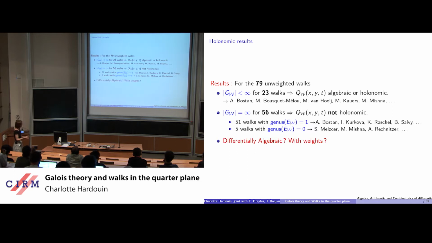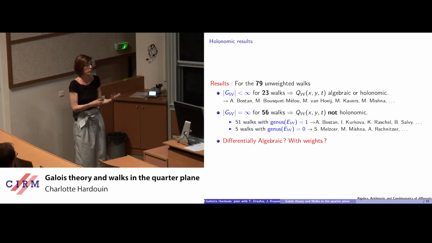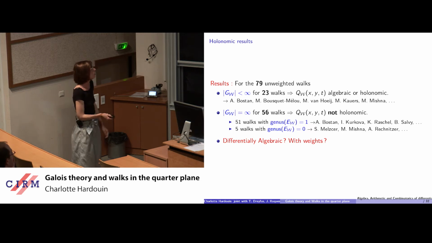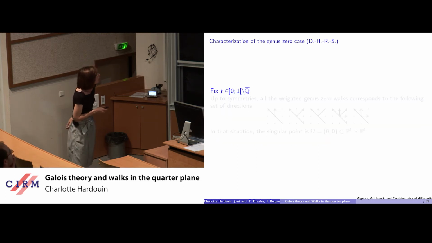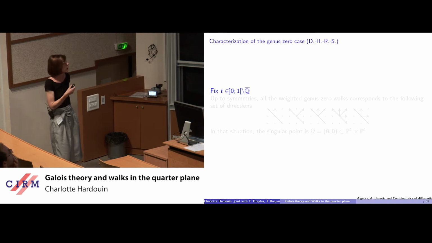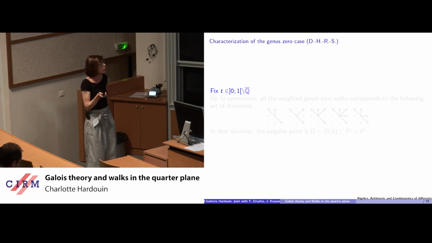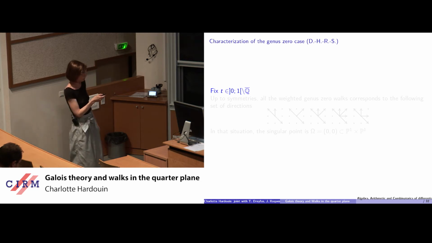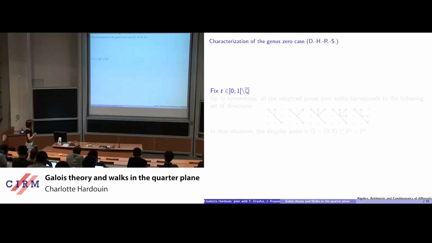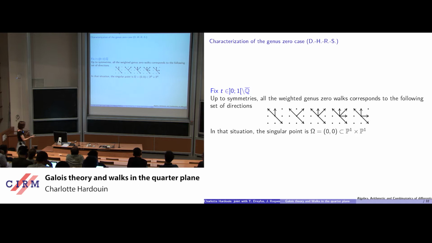Now one could ask: when the series is not holonomic, is it differentially algebraic, and what happens if one puts weights in all of this? One can, in fact, characterize all the genus 0 cases by putting weights. If you fix a real number in this interval which is not algebraic over Q, then you can show that all the genus 0 walks are supported by this set of directions, and the singular point is (0,0).